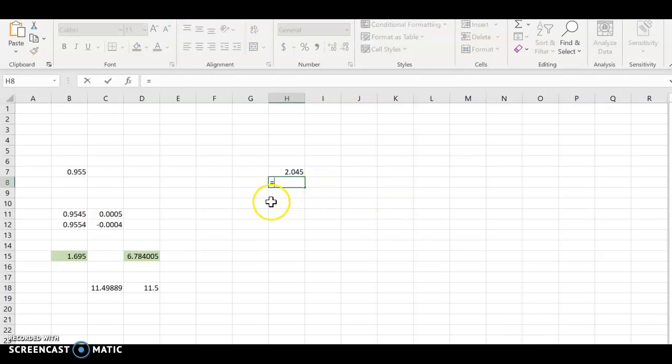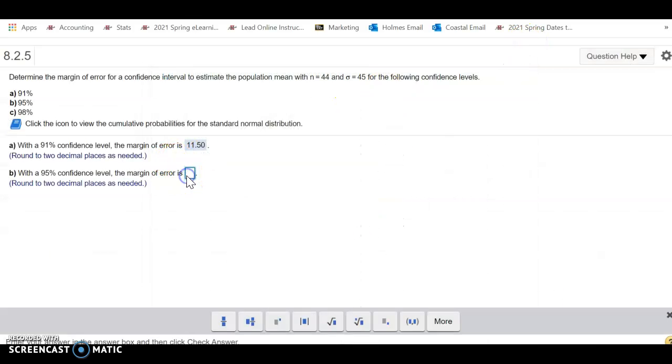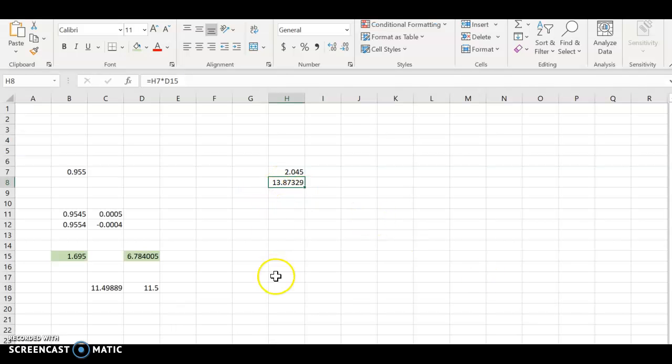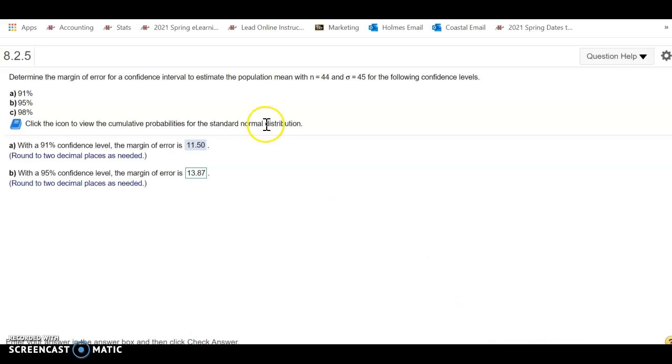So let's say the Z value times the standard error of the mean, which is 6.78405. So we end up getting 13.87. Let's see if that's right. Okay, we're off a little bit. Let me check my calculations here. 0.975, let's look that up one more time.